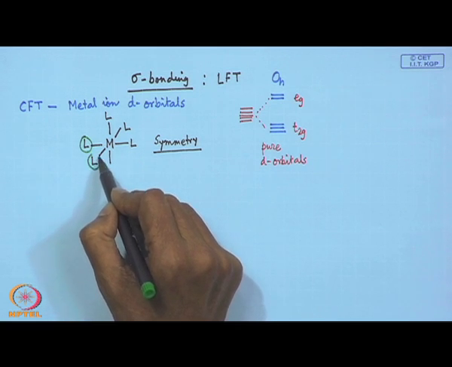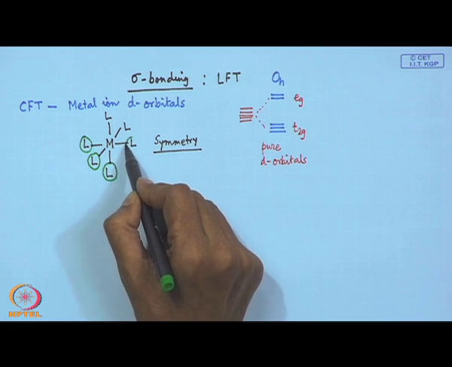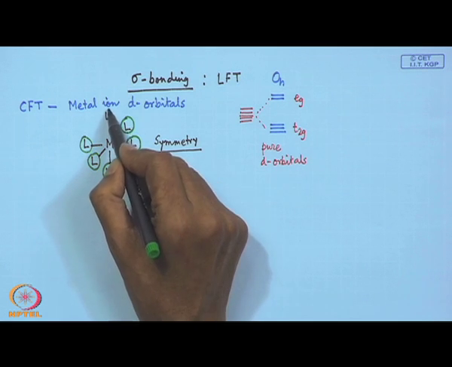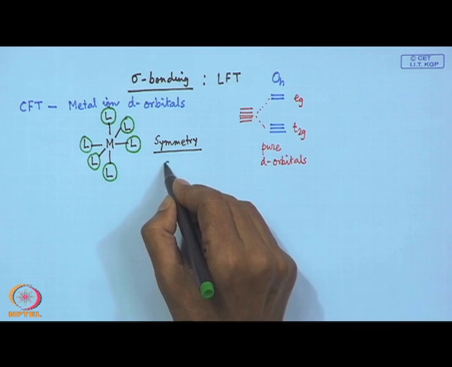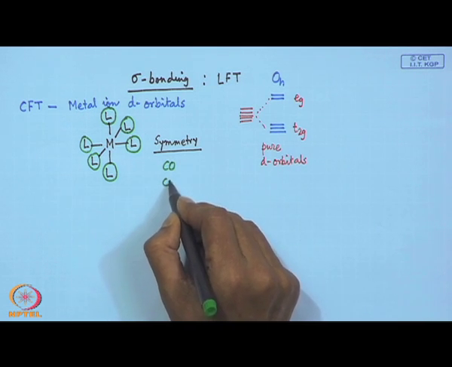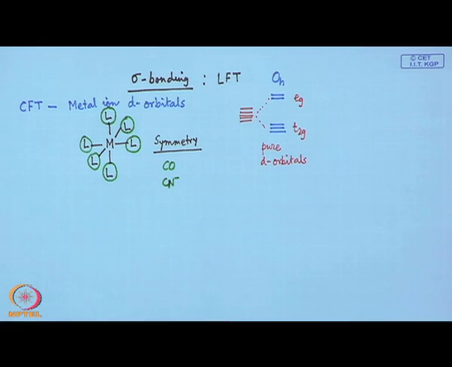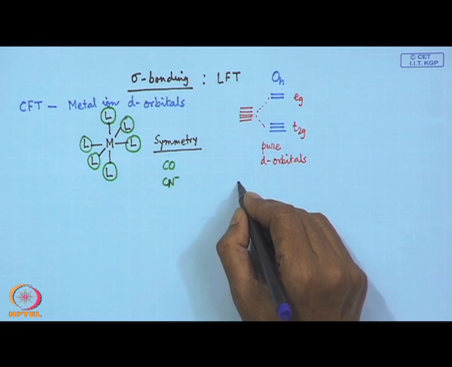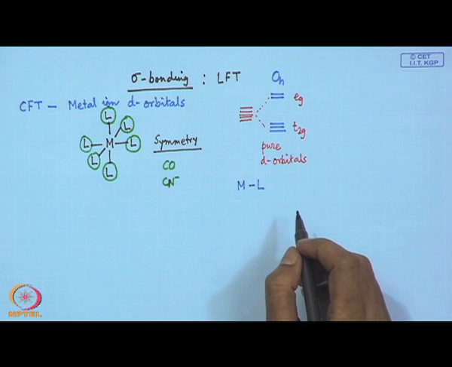But this is not everything, because this cannot explain nicely the position of the ligands in the spectrochemical series, such as carbon monoxide or CN minus. So, to know the position of these ligands in the spectrochemical series, we have to consider that we must have some interaction between metal and ligand.